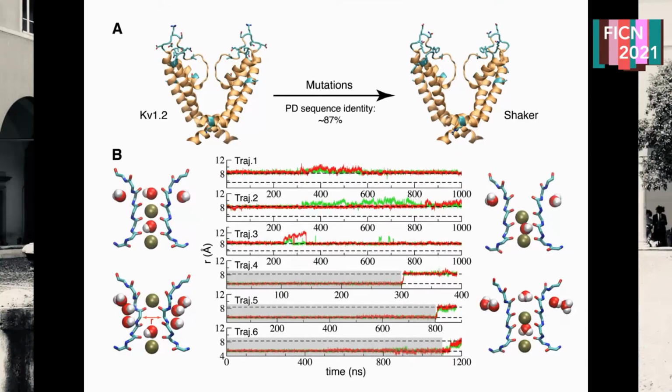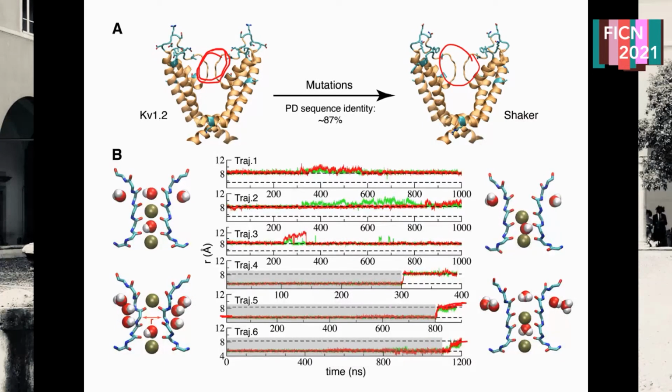So we built a model of the inactivated state of Shaker where we transplanted the constricted filter from KcsA by homology into the filter here. So this is a constricted filter, and this is our starting model. Basically, you can see here, you start constricted, and over a microsecond the filter recovers.